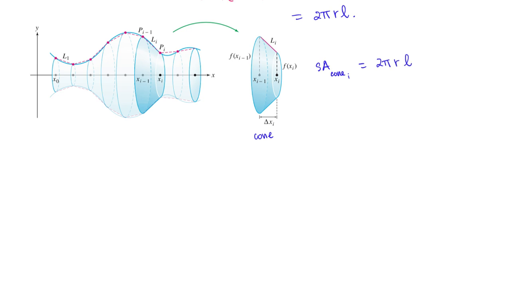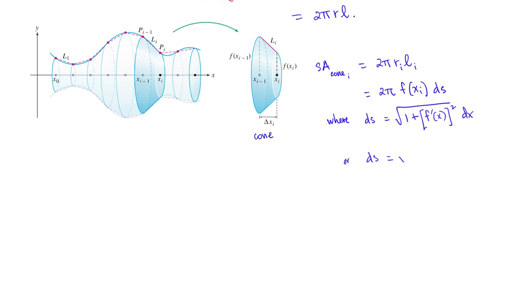The area of the truncated cone on the ith interval is 2 pi Ri li, where the radius Ri is the height of the function f of xi, and li is the arc length of the curve on the interval, where the differential arc length ds is the square root of 1 plus f prime of x squared dx. This is the arc length formula.